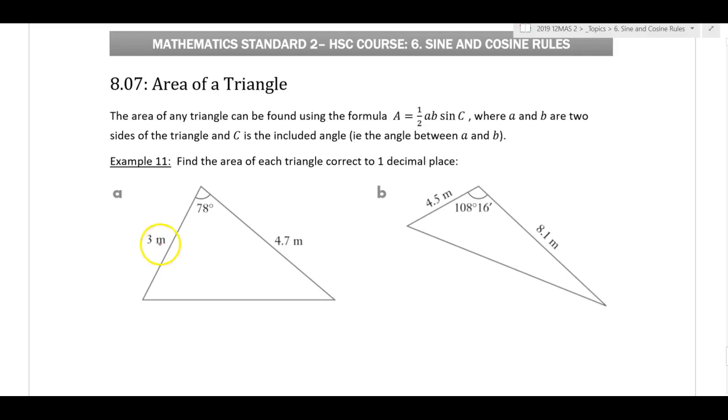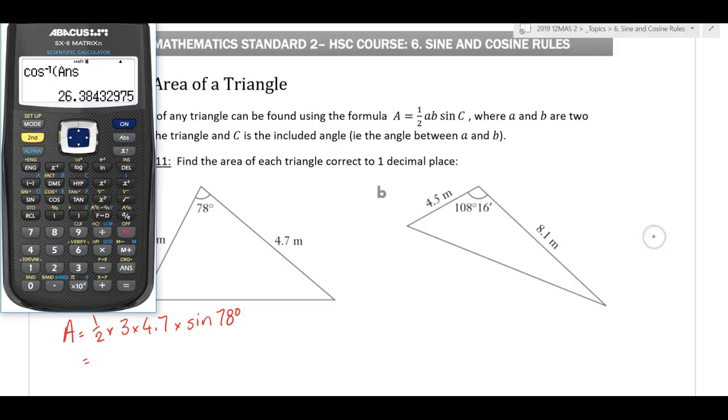So here we go. I've got my two sides and the angle in between, and I want to find the area of that triangle. My area is half times 3 times 4.7 times the sine of 78 degrees. Thank you calculator, here we go.